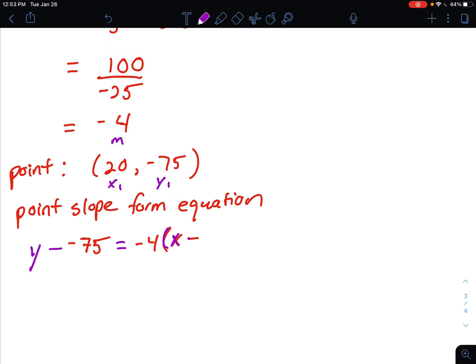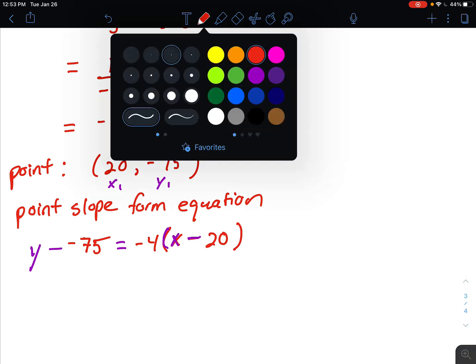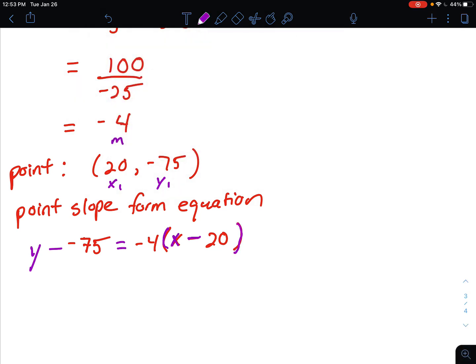So I'm going to color code that here. The x value for our point is 20. Awesome. So that is our point-slope form equation.